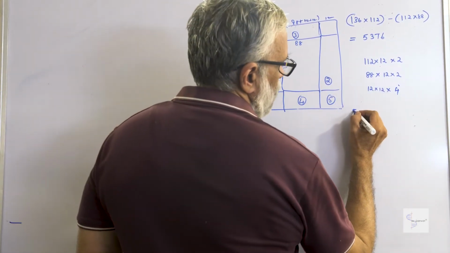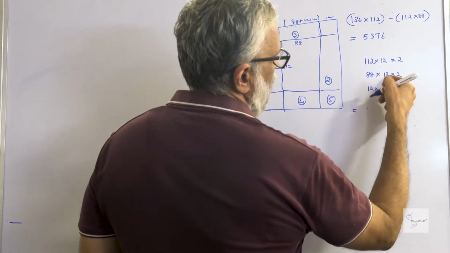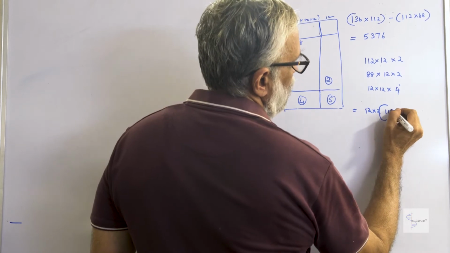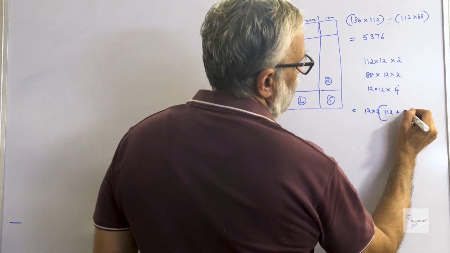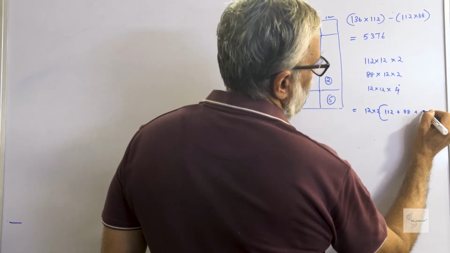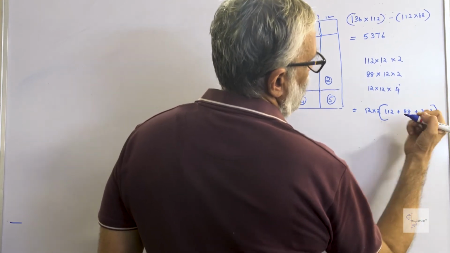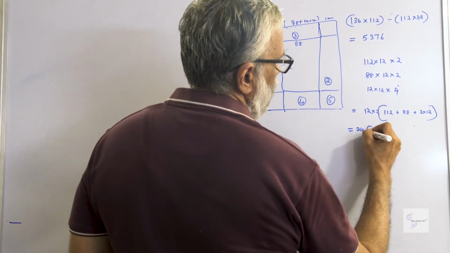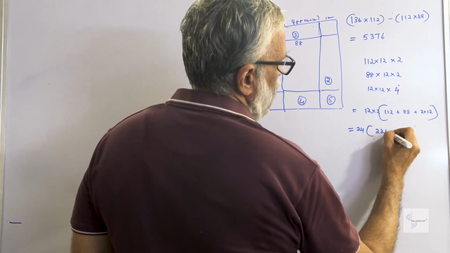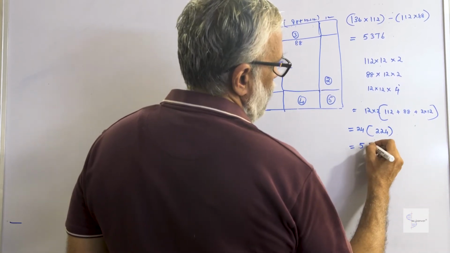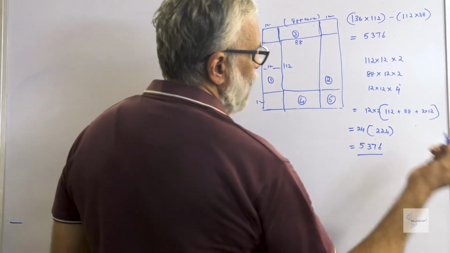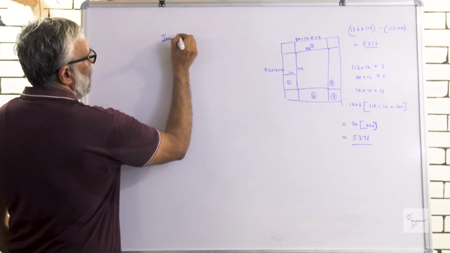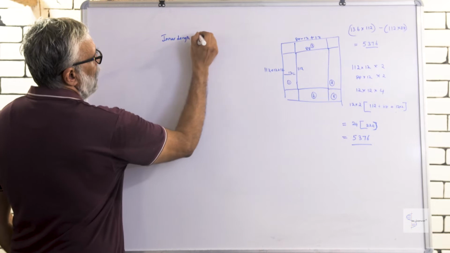So the total area is nothing but, this 12 into 2 is common here, it's 24 into 224, which is 5376.